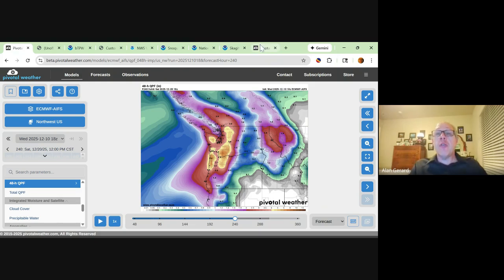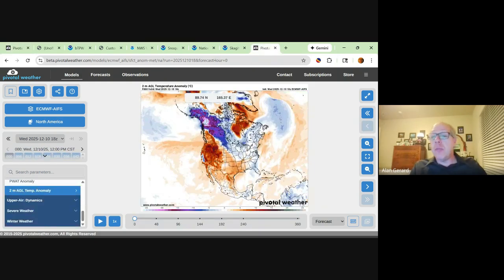And then the other thing I just want to touch on briefly before wrapping this up is that we have this abnormal warmth. This is the 2 meter surface temperature anomaly, basically how much the forecast temperatures are above or below normal at the surface.